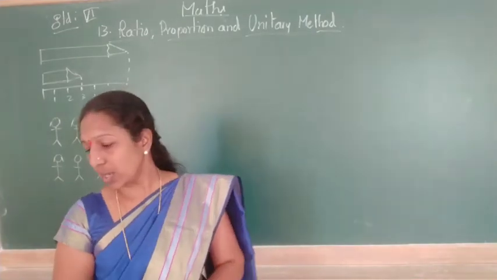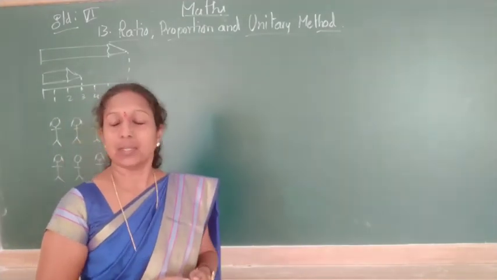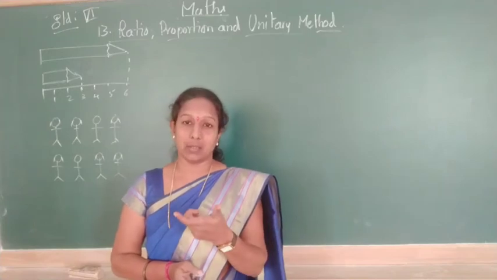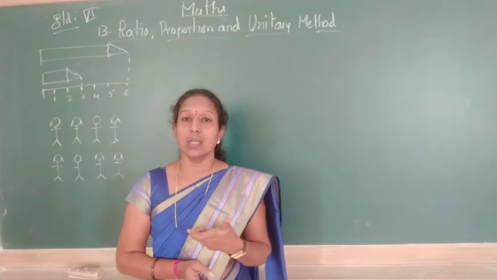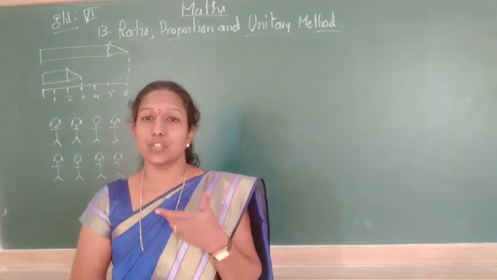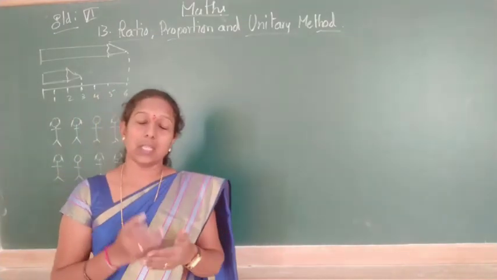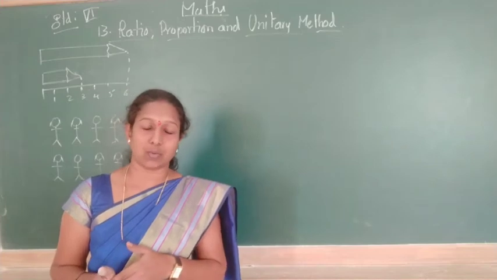Now, in the last class I told you that when we are writing any ratios, we should compare. When we are comparing, both the units should be the same. For example, if one unit is in centimeters, the other should also be in centimeters only.